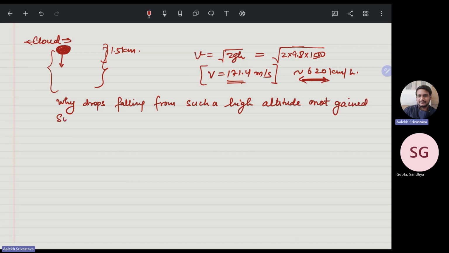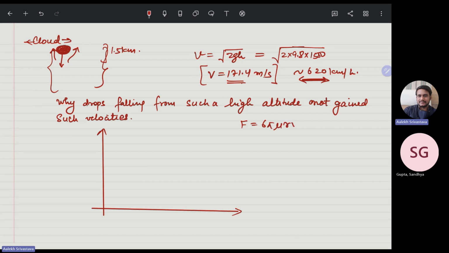This is happening because the drag forces come into play, and the drag force will reduce the velocity. Let me draw the forces. The drag force is 6 pi mu rv. That means it is linear with velocity.